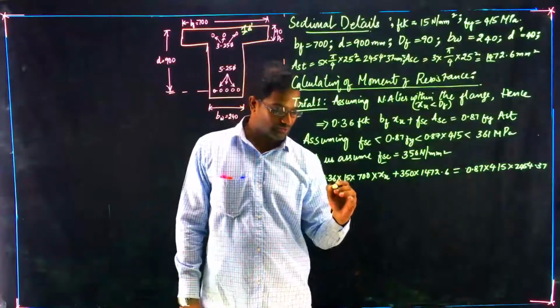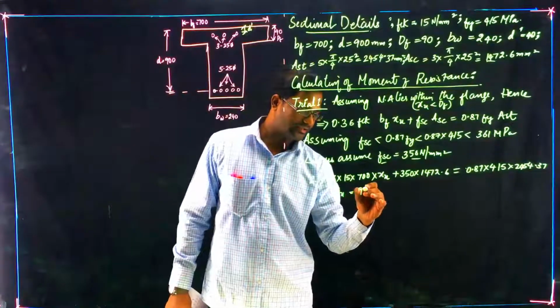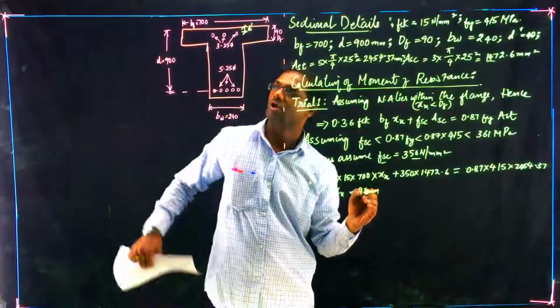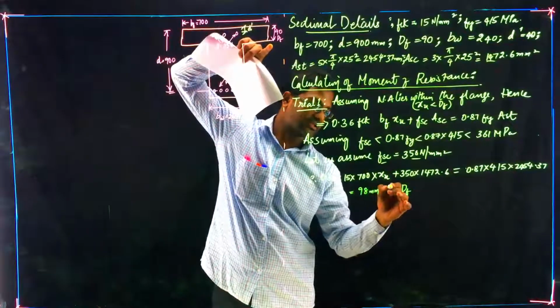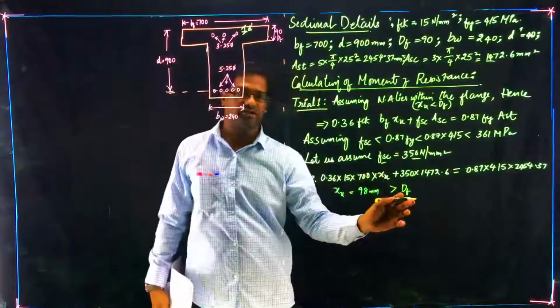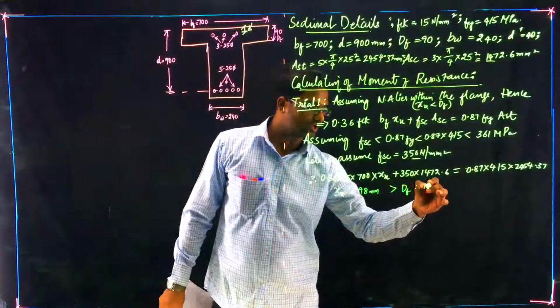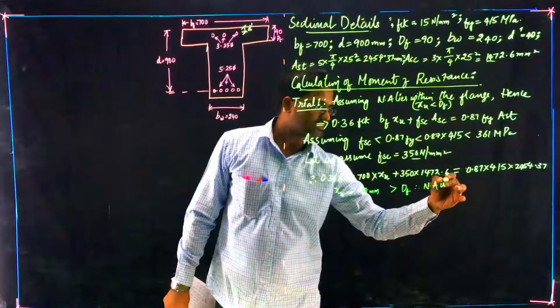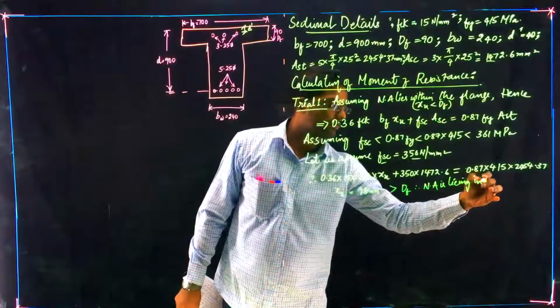Calculate this value, you will get XU equals 98 mm. Now, if you compare with DF, this 98 value is more than DF value. So, which means your neutral axis is lying in web.